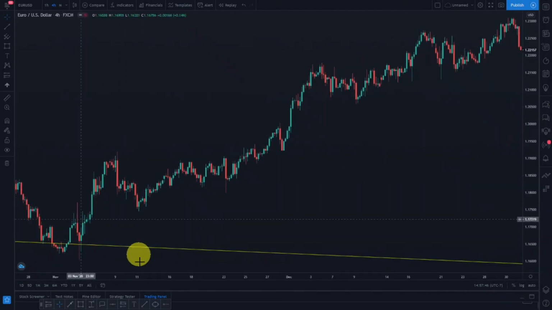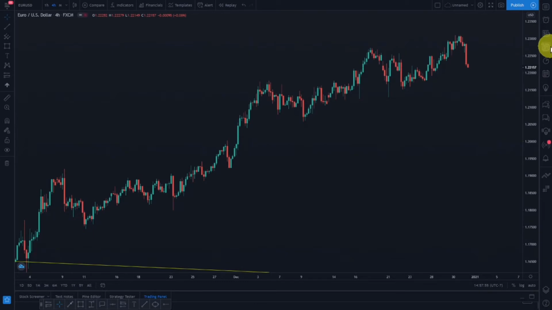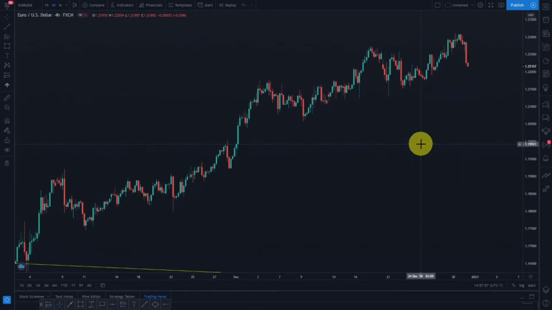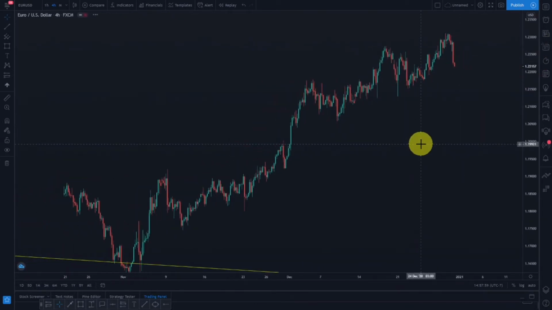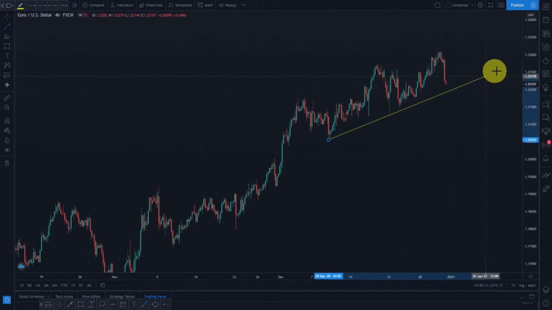So you can see this part was the retest. The market actually has a lot of momentum on the bullish side. Let's see what we can get from here. But I can see a beautiful setup over here, a beautiful pattern.